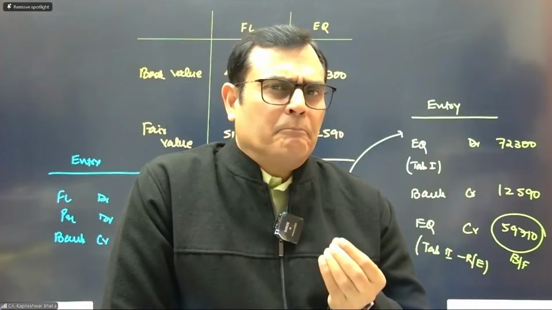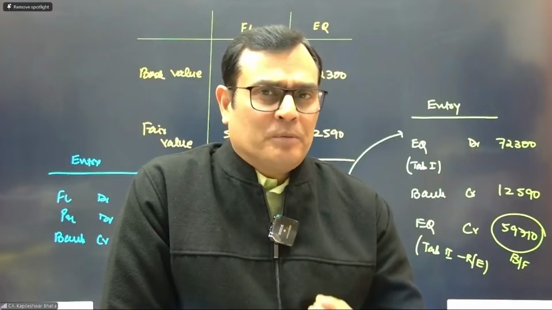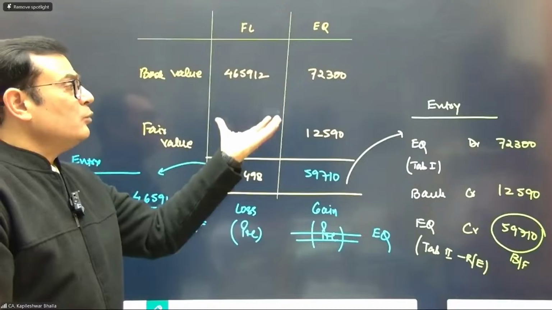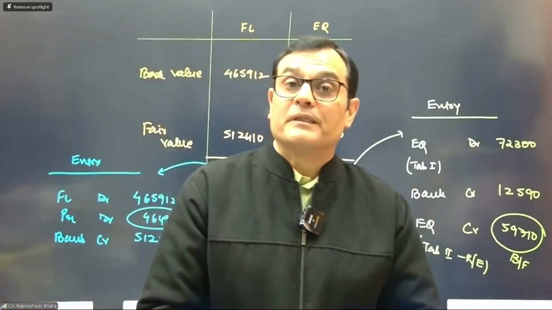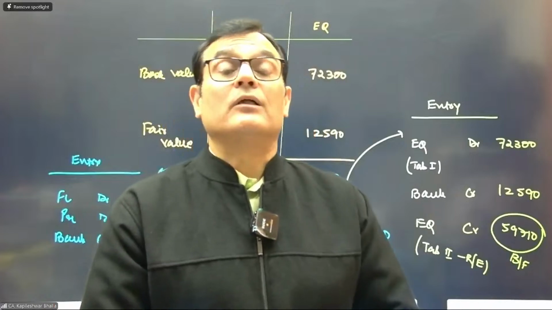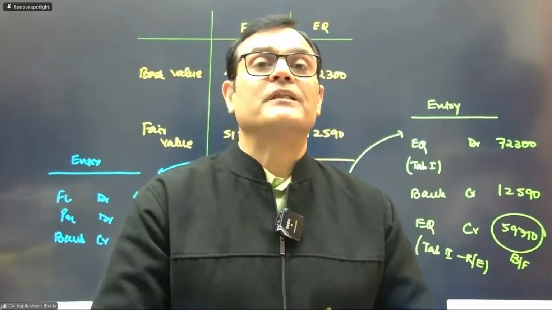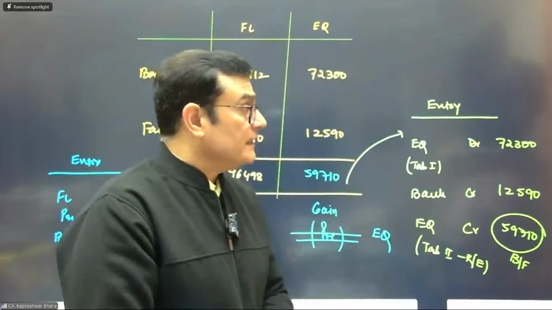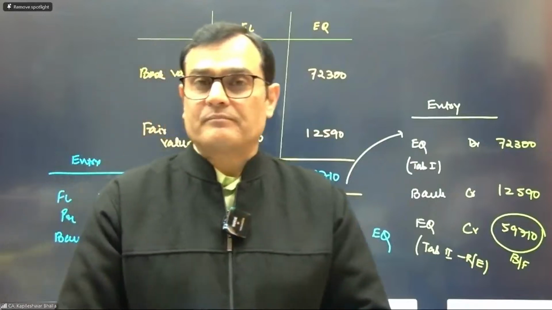Then it is a simple comparison of the book value versus the split of the offer price. You compare the book value of the FL and equity with the offer price. Any gain or loss on the FL component goes to P&L. Any gain or loss on the equity component gets settled in equity. So this is the special issue with reference to the calculations of early redemption of CFI.